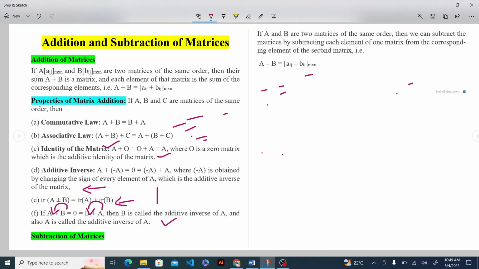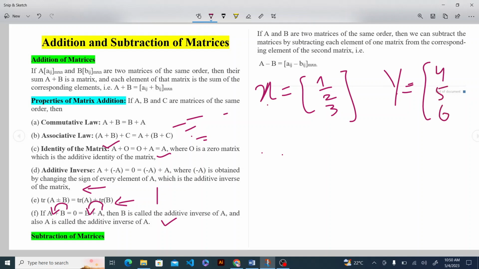For example, if we have two matrices x and y, x is equal to 1, 2, 3, and y is equal to 4, 5, 6. So the order of x is 3 into 1 because 3 rows and 1 column, and for y there is the same order 3 into 1.